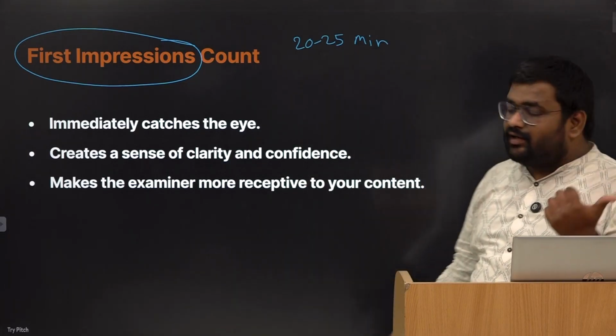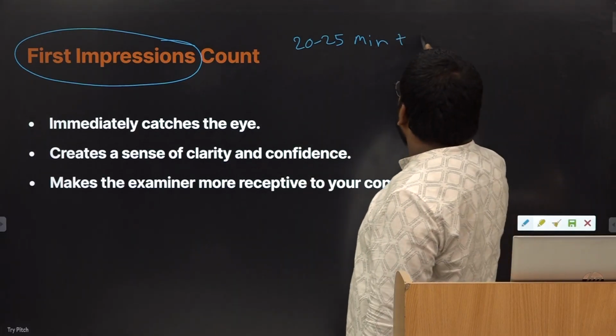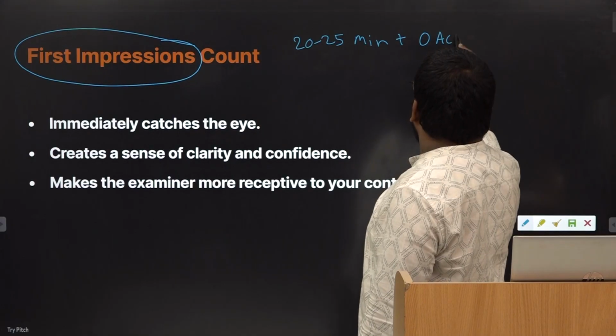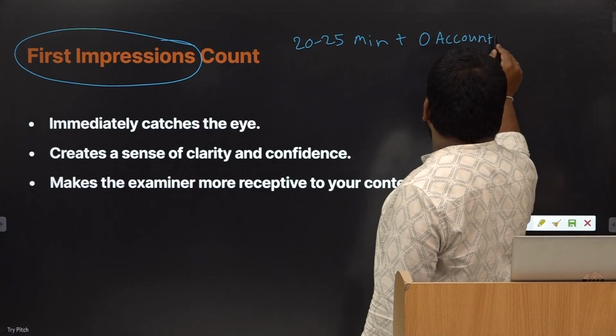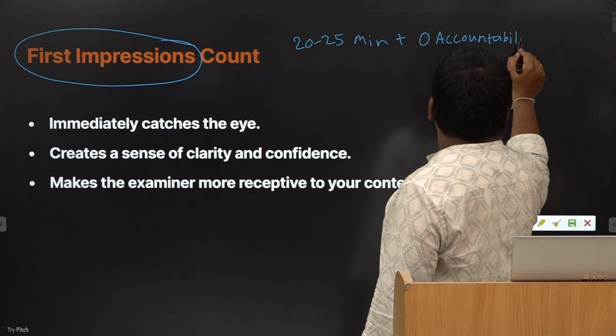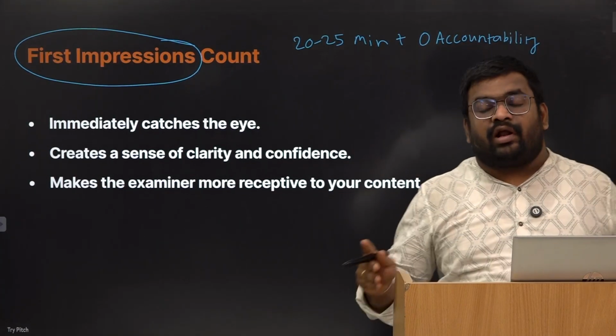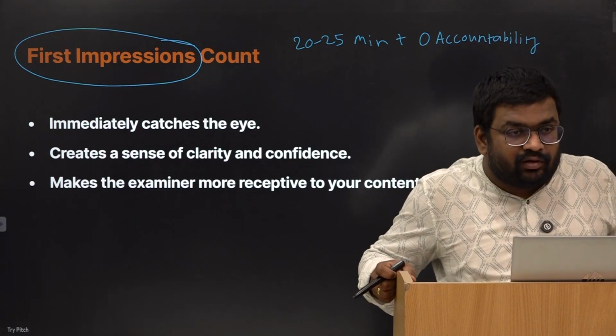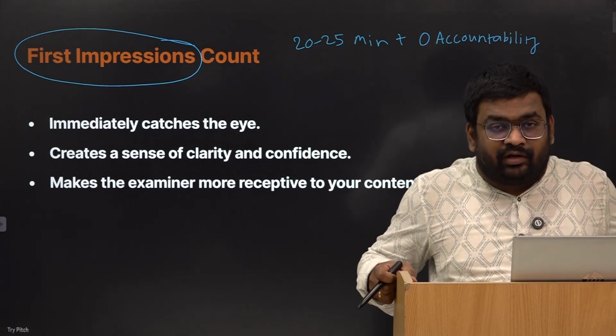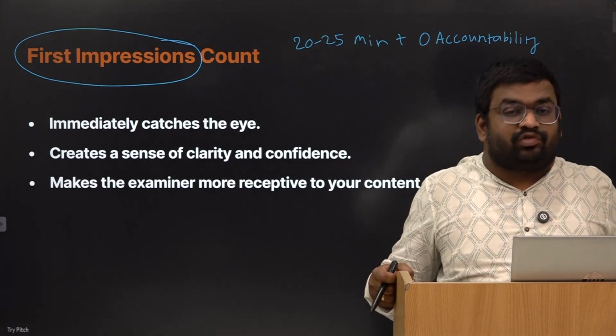Secondly, the evaluators have zero accountability. You don't have any opportunity or avenue to get your copy rechecked, to get a Xerox copy of it, or to see the mark distribution.